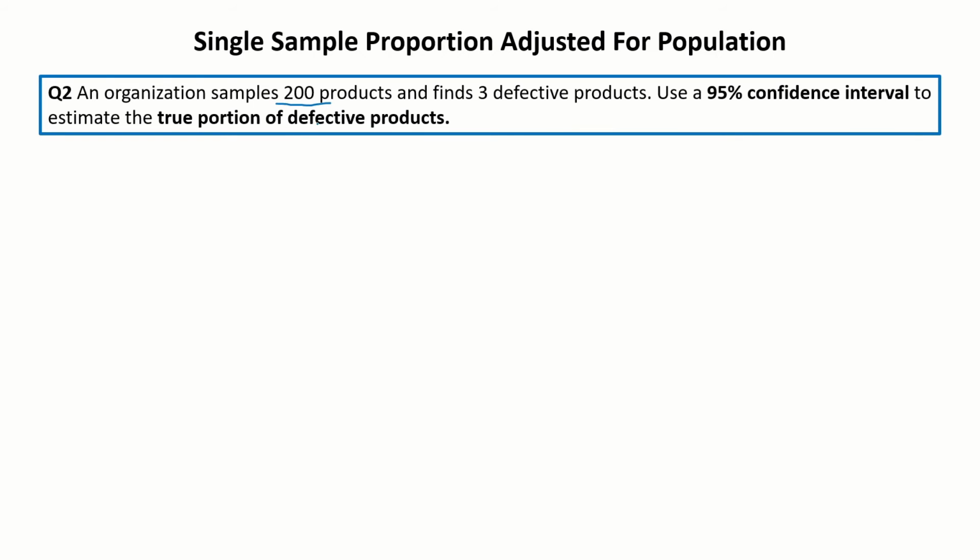So this is the sample. And from these 200 products, they find that 3 are defective. So using this and the confidence interval, you can calculate the single sample proportion as similarly what we did in the previous example. But now we want to adjust that for the entire population and consider all the products. And we will do this using a 95% confidence interval.